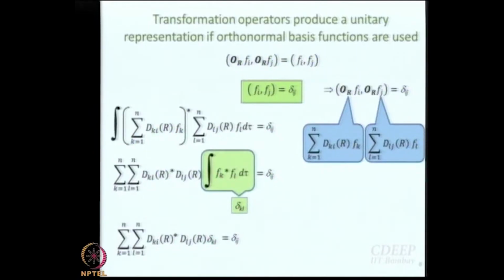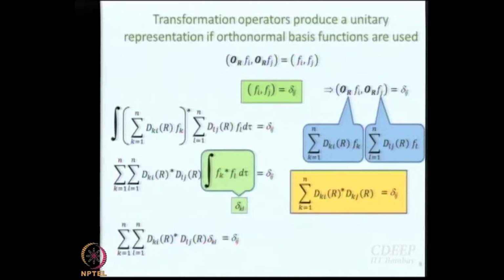How do I get rid of 1? Like this. I can get rid of L, put L equal to k, only those terms will survive. So, I still have one summation, but I can live with one summation. Two summations is a bit too much. So, sum over k d_kI star d_kj is equal to delta_ij.